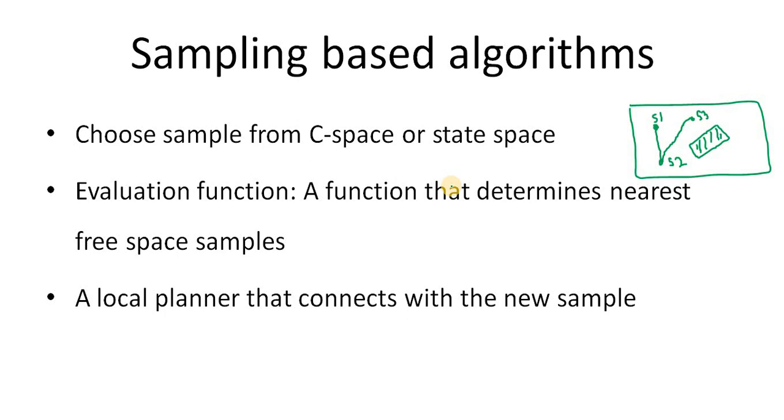A local planner connects with the new sample. Once you have determined which point is closer, of course from S2 the closest point is S1, you now have to connect them using a line, or maybe some kind of curve.